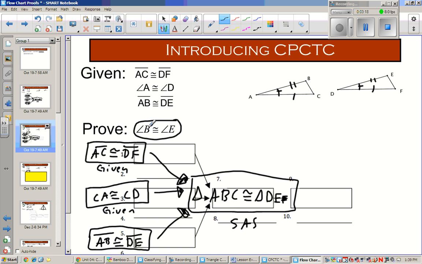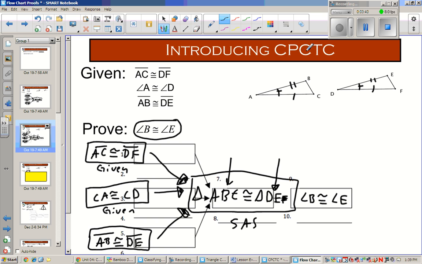Now, if we know these triangles are congruent, why do we know angle B and angle E are going to be congruent? Well, this one's in the middle, and this one's in the middle, and we know when we're proving congruence, if they're lined up, that's going to work. So we say angle B is congruent to angle E in the last step.